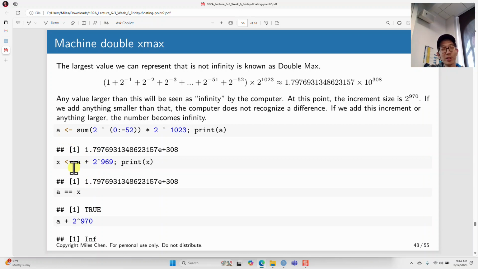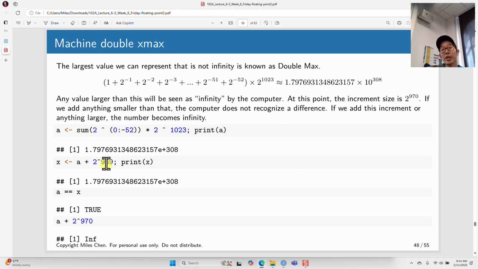A is this number, X is going to be A plus 2 to the 969. In any other part of the world, we'd say 2 to the 969, that's a huge number. But here, to the computer, the difference between this and this plus 2 to the 969 is nothing. I ask, is X, which is A plus 2 to the 969, any different from A? And the computer says A and X are exactly the same value. A and X are equal.